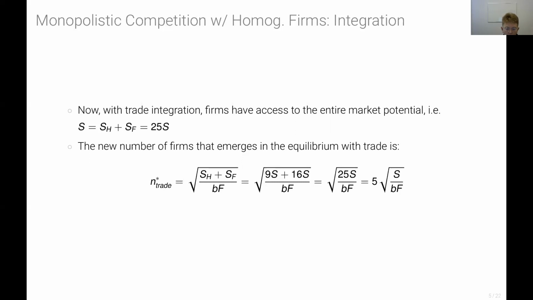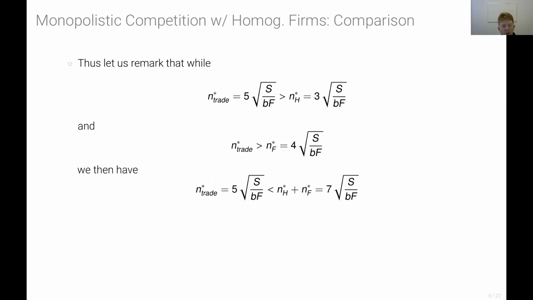From the perspective of each individual country, the number of brands available in the trade scenario is greater, because 5 is greater than both 3 and 4 times the square root of S over BF.